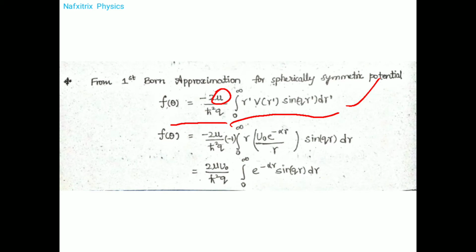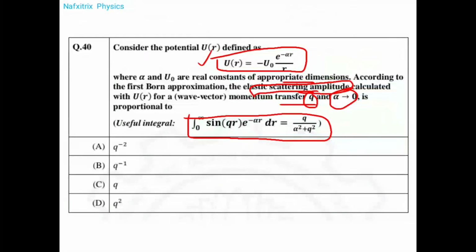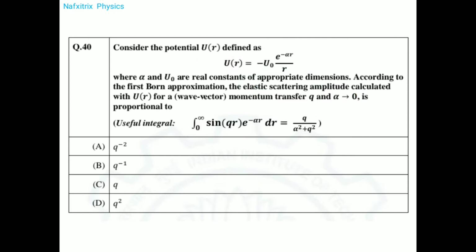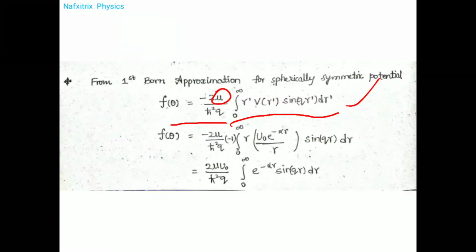Now, as the potential was given in the question, we need to substitute it in here. In the place of V we put minus U naught e power minus alpha r by r. Instead of r dash we are just taking r, for simplicity.